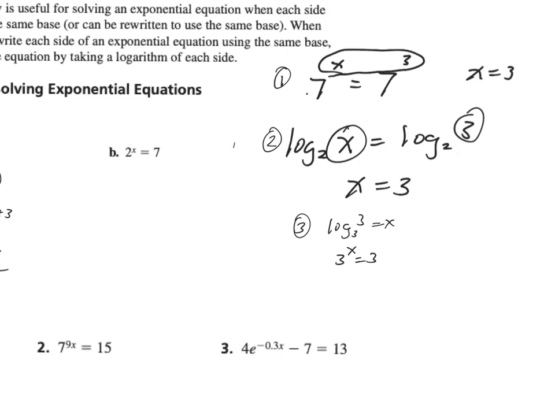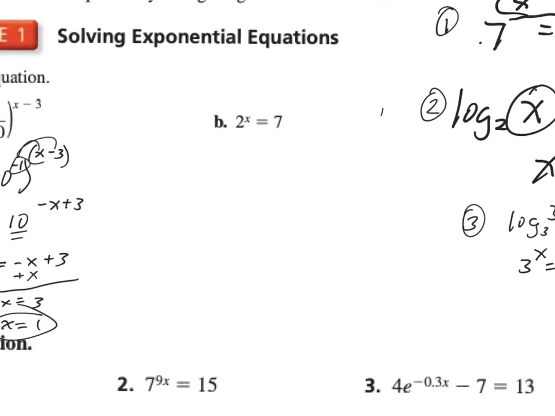The answer is 1. It's also true that the log base 10 of 10 is equal to 1. The log base 22 of 22 is equal to 1. We're going to be using that, and I'm going to review that again in a little bit.